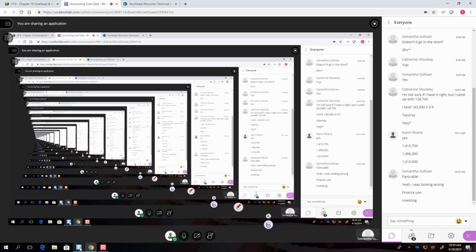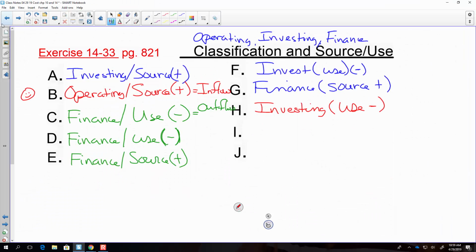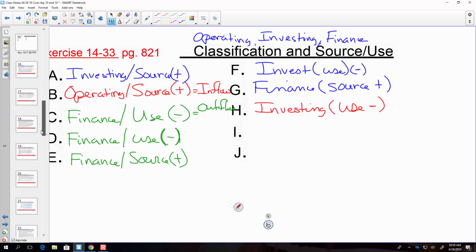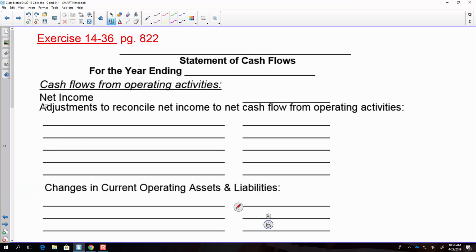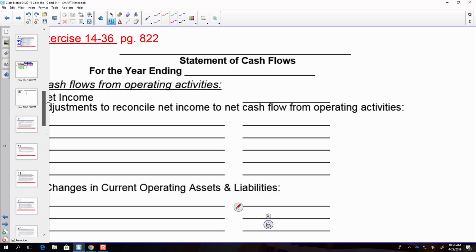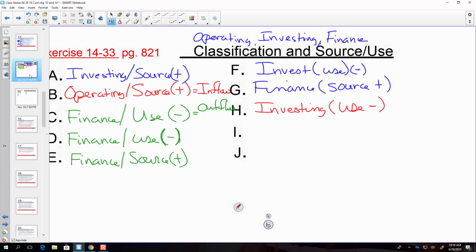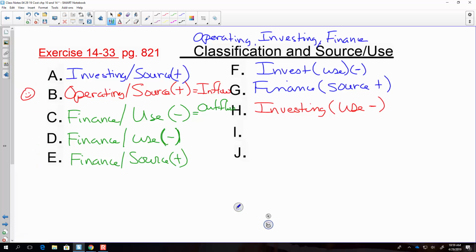So it must be operating. If you look at your cash flow template, Sam, we always start with the net income, net loss on the top. So this is the operating section. It is a loss, so that would be a use. That uses cash out of our operation.